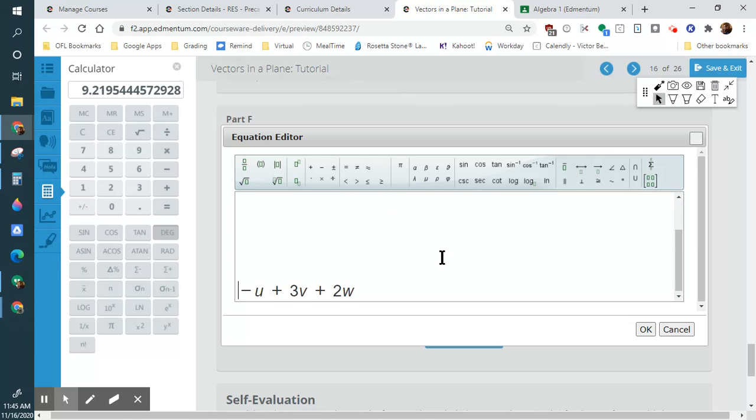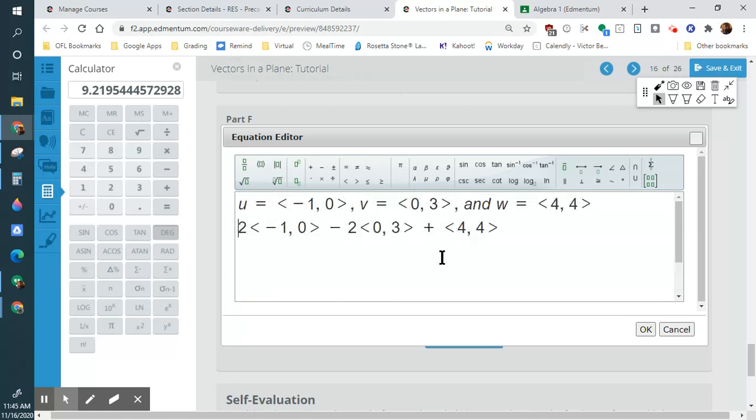I'll leave some spaces here so I can solve this first. So if I'm distributing this 2, it ends up being negative 2, comma, negative 2, comma, 0. And one thing you'll notice is even though there's changes here, because there's no change in y, there's still going to be no change in y. And then we're going to distribute that negative 2.